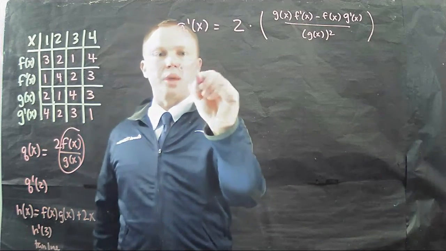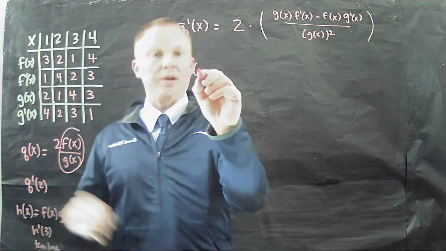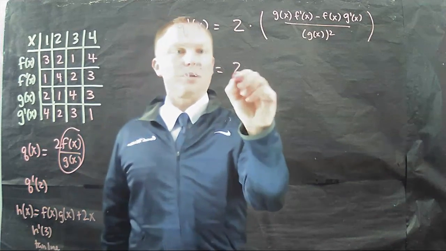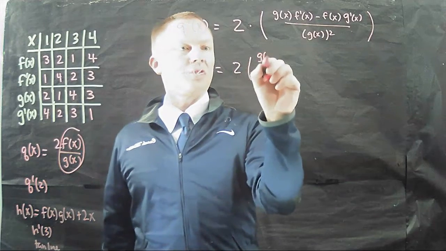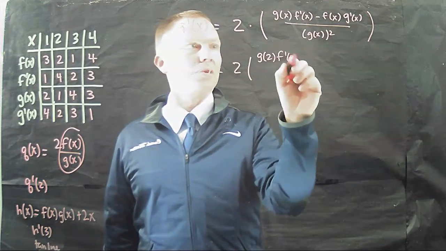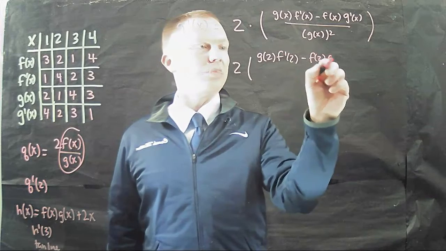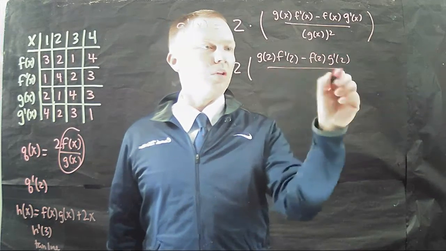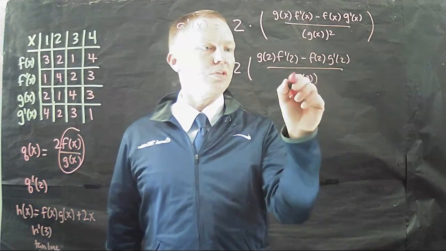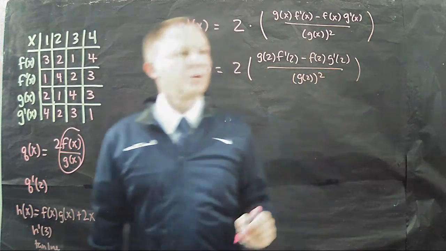When I want q prime of 2, I'm just going to plug 2 in here. That's g of 2, f prime of 2, minus f of 2, times g prime of 2, all over g of 2 squared.